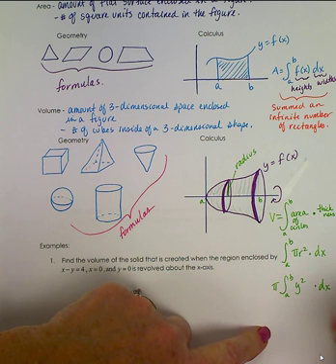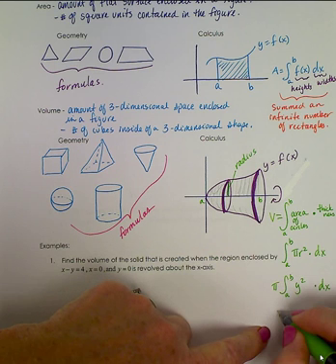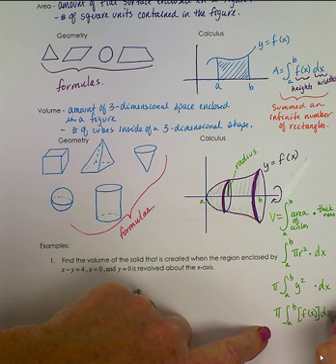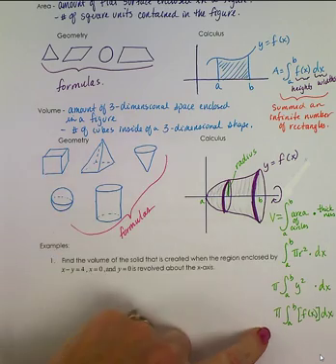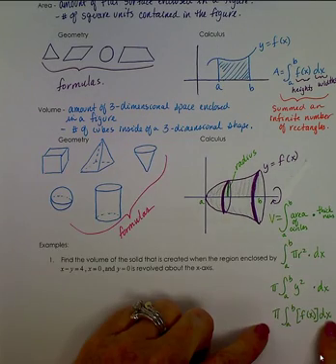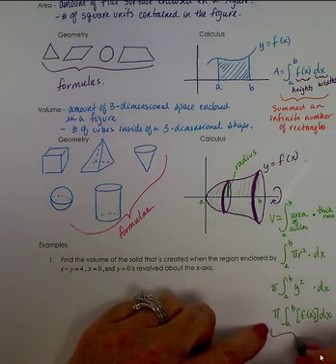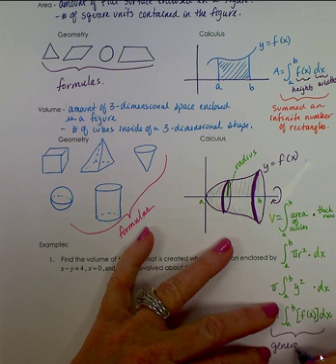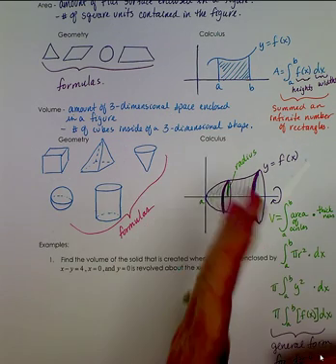Oh, but look, we know that y is f of x. That's it. It's not perfect, but that is the general form for the disk method. And it's a disk because it's solid.